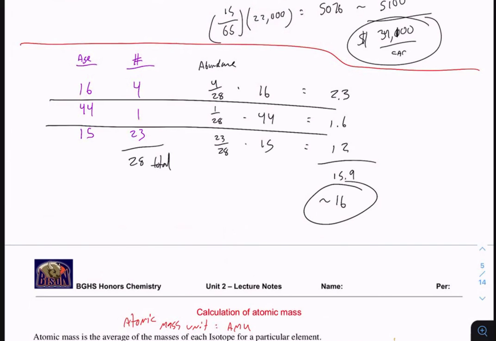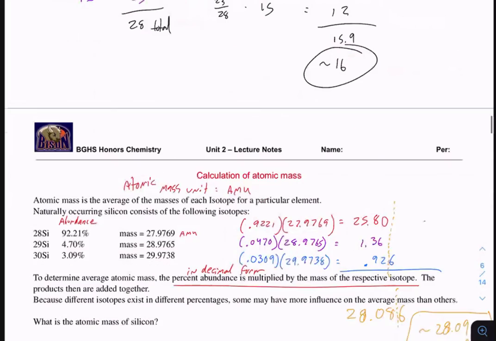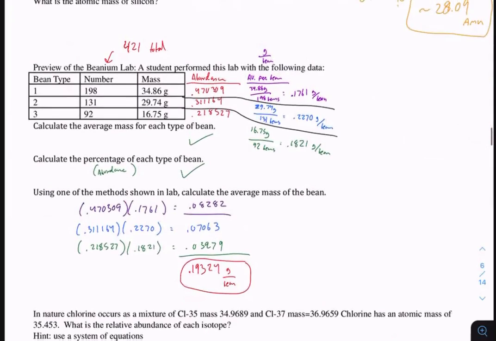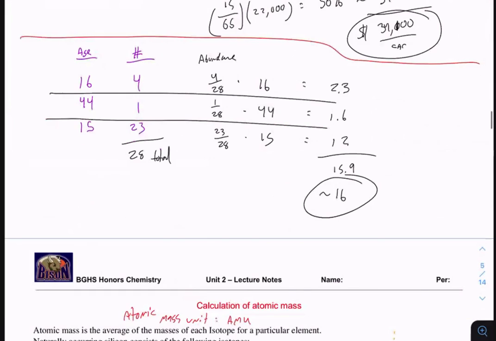But in your lab today, your lab is going to be more like this, okay? So the average age in this classroom is 16. Even though the vast majority of you are 15, looks like I brought up the average a whole year by being here. Sorry.